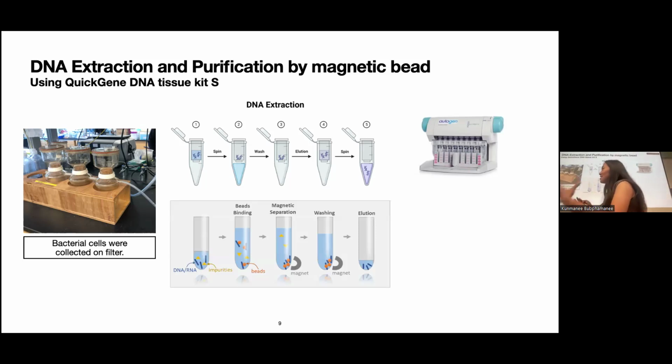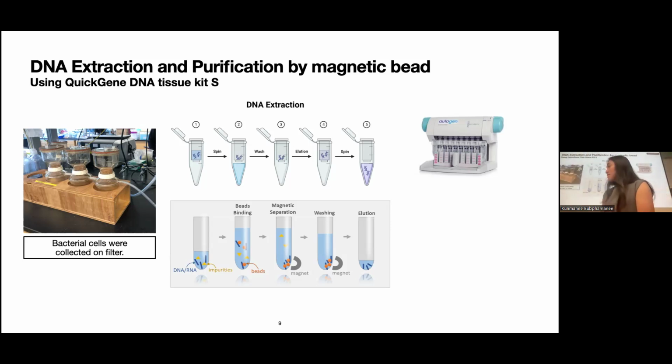We then purify the DNA out of that solution using magnetic beads that bind with the DNA. We separate it by applying a magnet, pull the magnet out, and then the DNA dissolves in the solution, and now we get pure DNA.